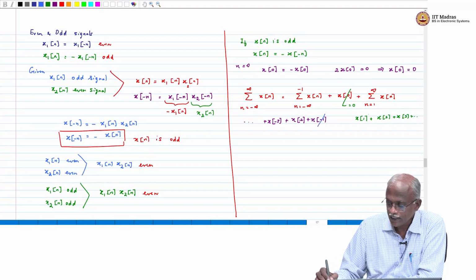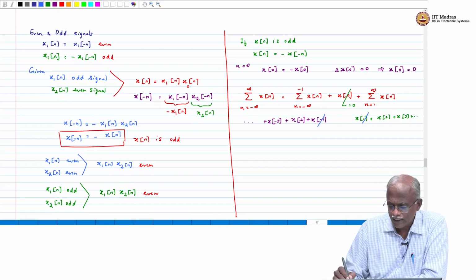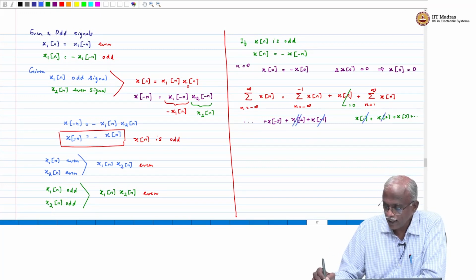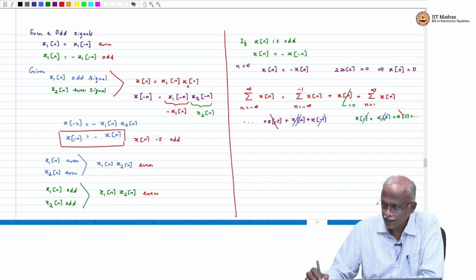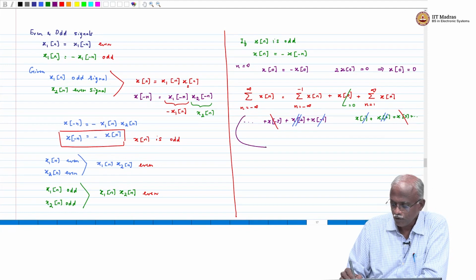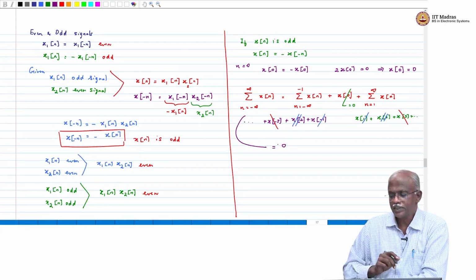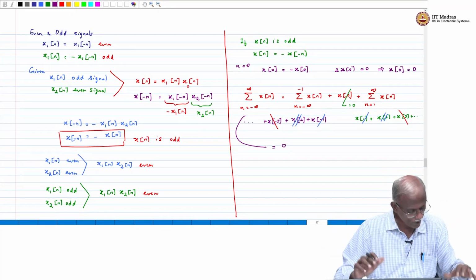These two will cancel each other because one is the negative of the other. The x of minus 2 will cancel x of 2. Similarly, x of minus 3 will cancel x of 3. So this summation for an odd signal must be equal to 0. An odd signal will add up to 0 always.